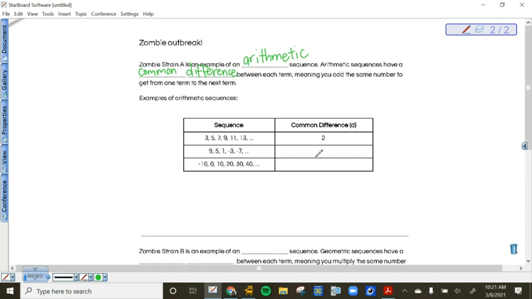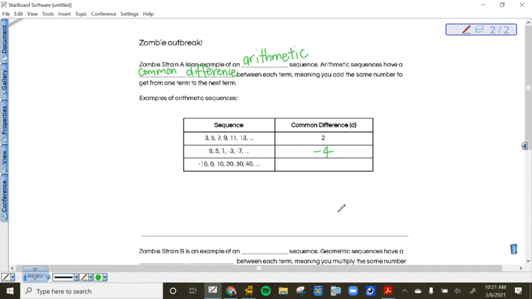So take a look at these sequences down here and see if you can find what the common difference is. Like this first one, we go 3, 5, 7, 9, 11, 13. Well, I can see I'm adding 2 each time, so my common difference would be 2. How about the next one? Yeah, minus 4.